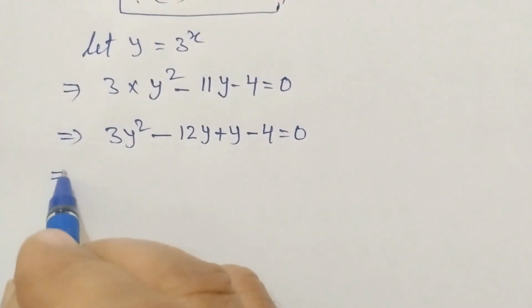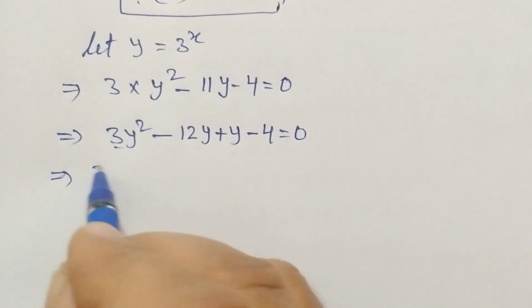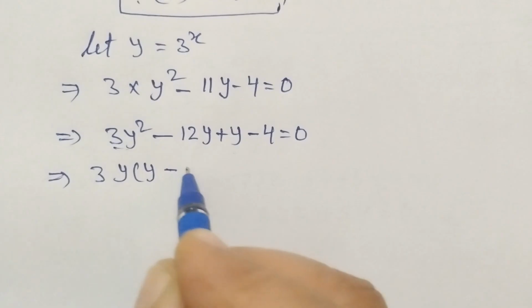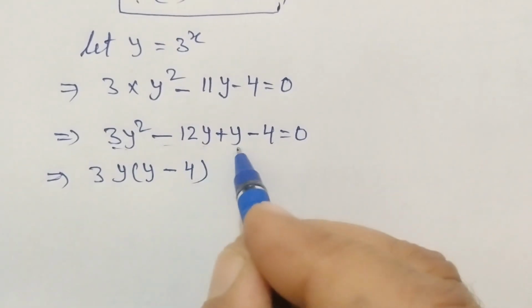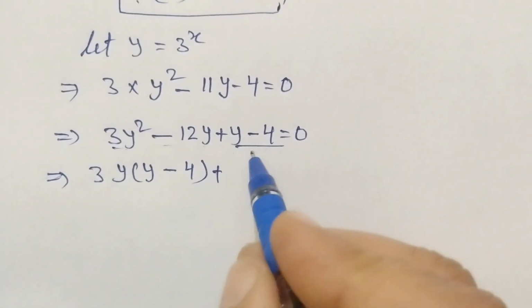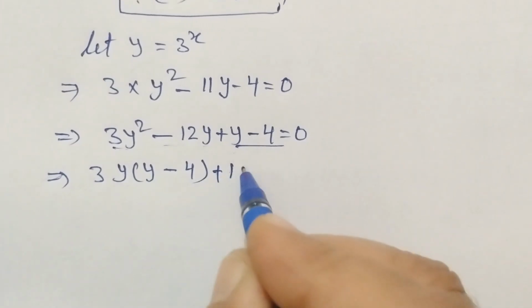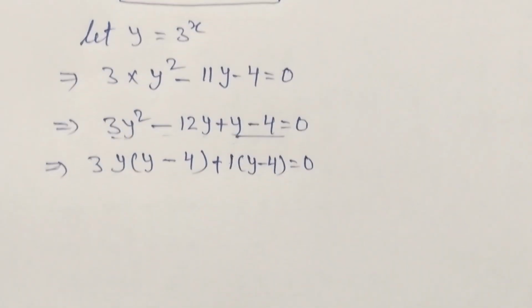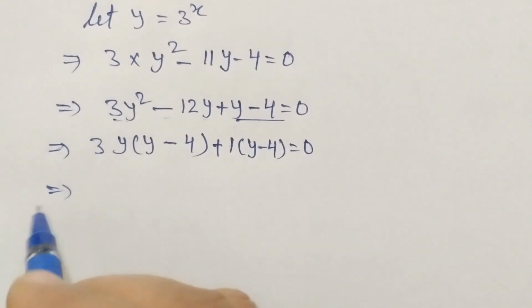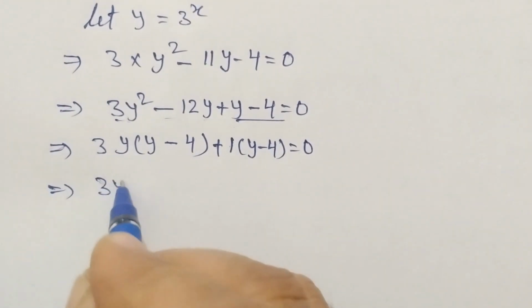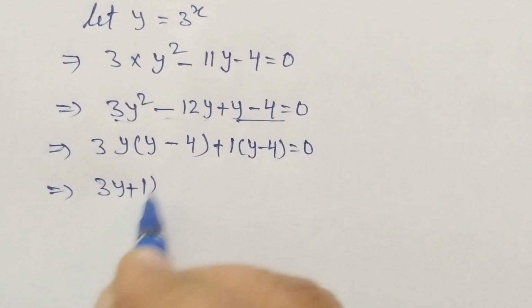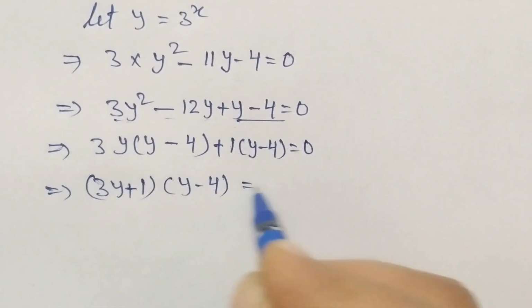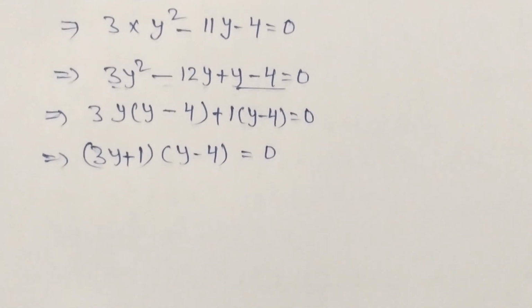So here 3y as common, so y minus 4, and plus 1 as common, so y minus 4 is equal to 0. Now we have 3y plus 1, y minus 4 is equal to 0.